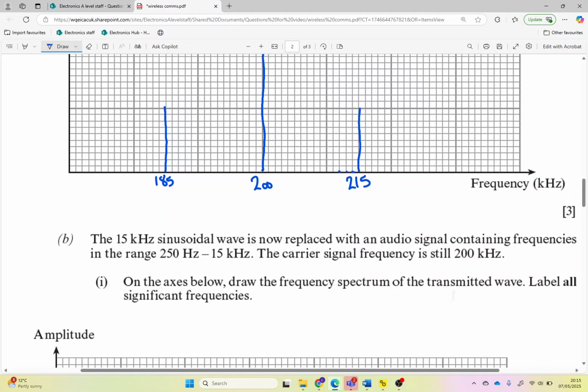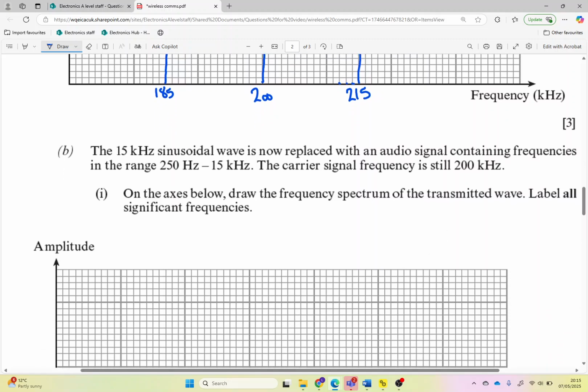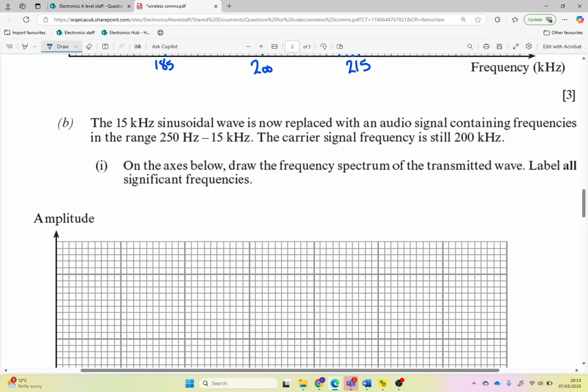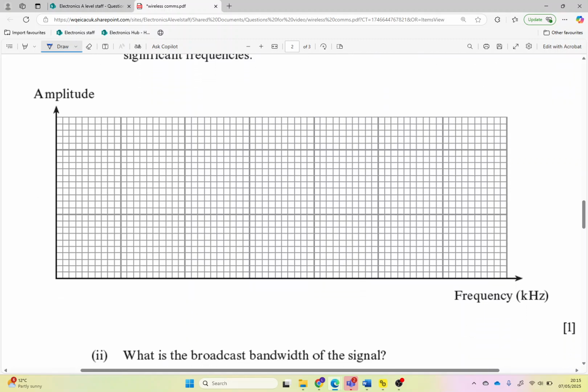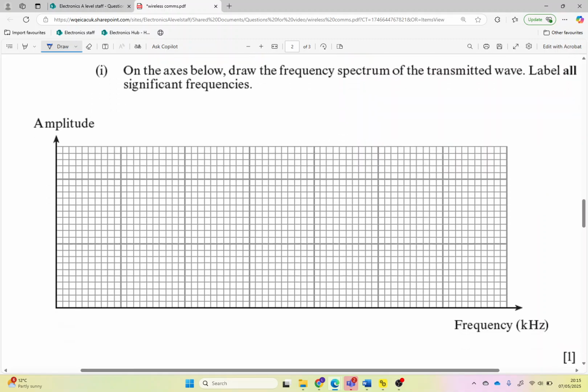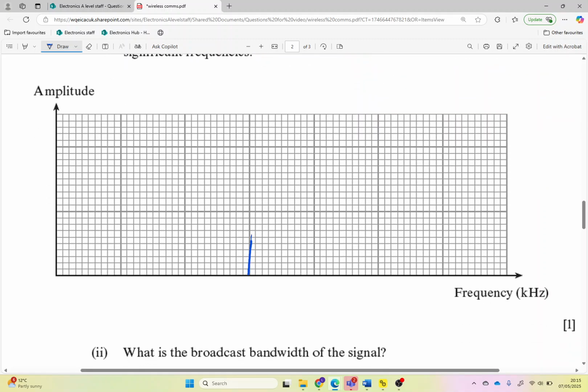On the next part of the question, we've changed the single frequency of 15 kilohertz to a swept frequency from 250 hertz up. So we're looking to draw a similar diagram. So I put in my spike there at 200, and 1, 2, 3, 4, 5, I'm putting in one there at 215.